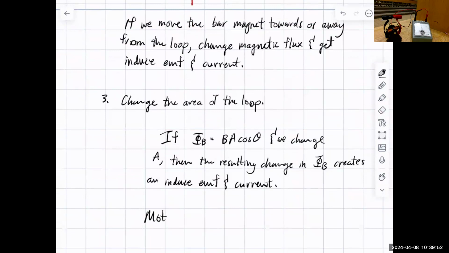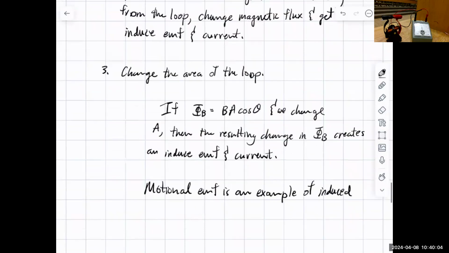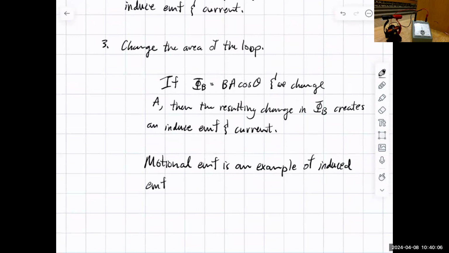The motional EMF is an example of induced EMF due to a changing loop area. Okay, good.